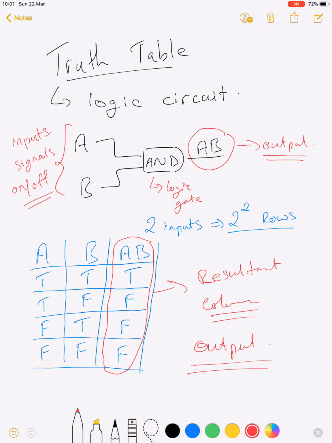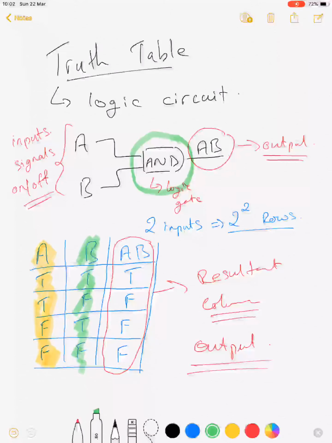And effectively, when we look at this, we can consider A as one particular input. These are all of the possible inputs for A, and these are all of the possible inputs for B. So when A is true and B is true, then how this logic gate operates, true and true gives us a true, so there's a positive value coming out here.